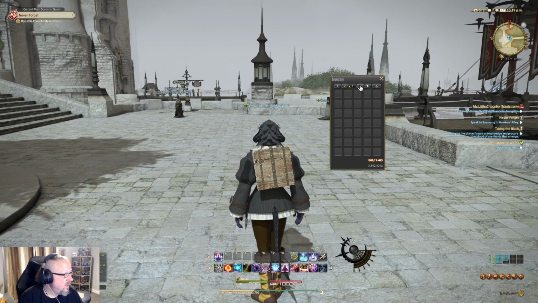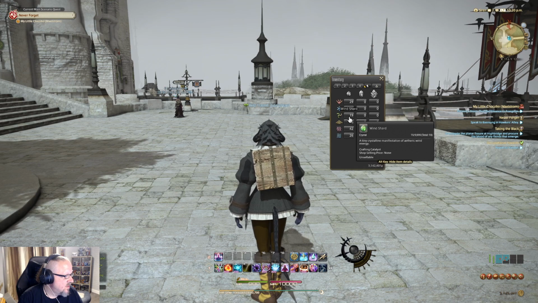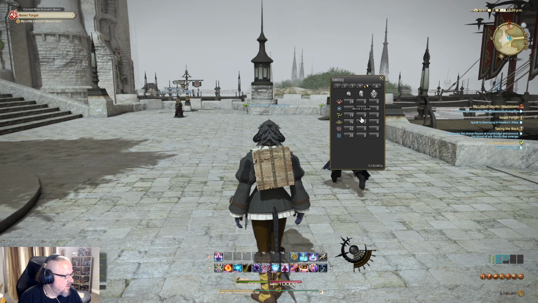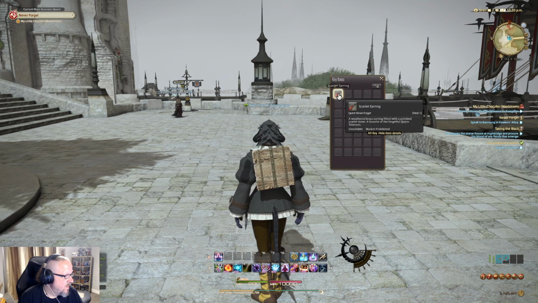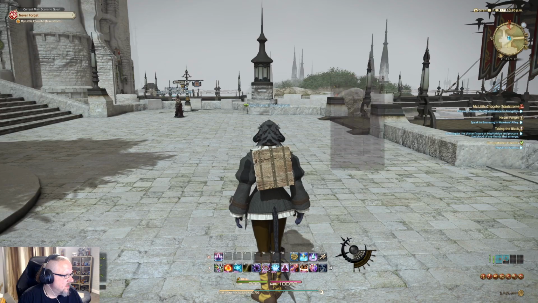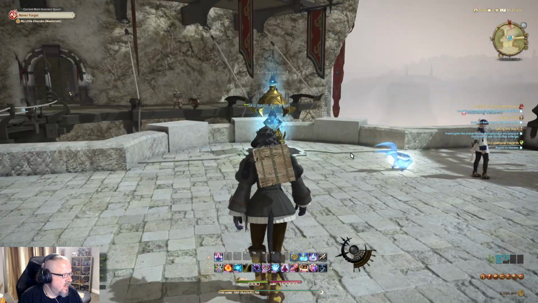So I don't believe I have any fire shards, wind shards, crystals, clusters. Okay, interesting. Scarlet earring.